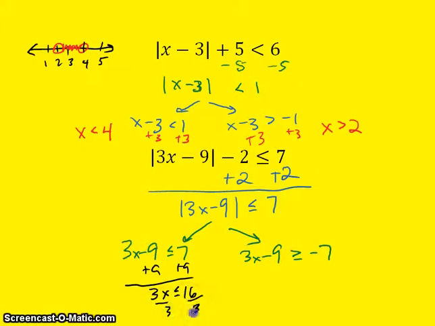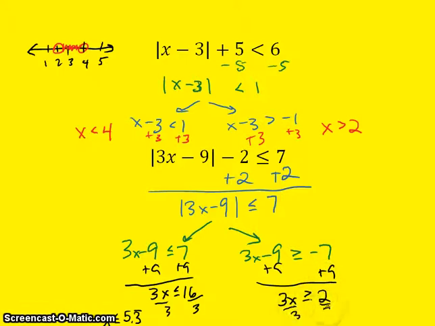Divide by 3. So we get x is less than or equal to 16 divided by 3, which is 5.3 repeating. Over here, add 9 to both sides. So I get 3x is greater than or equal to 2. Divide by 3. So I get x greater than or equal to 2/3, which is 0.6 repeating.